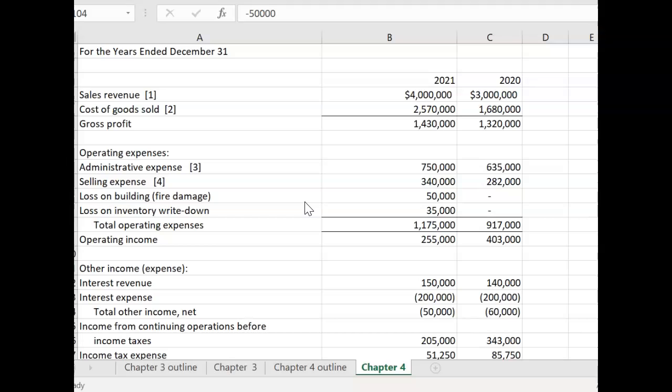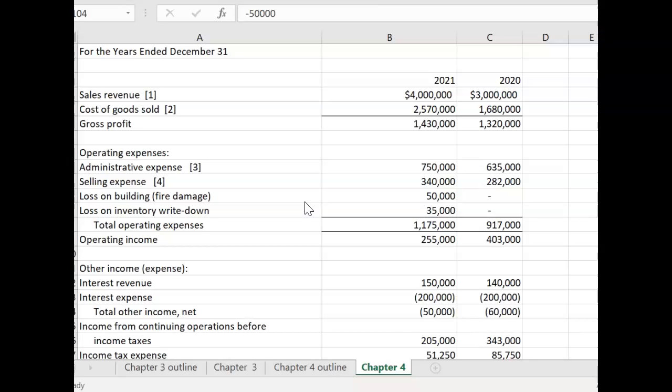In addition to the account balances above, several events occurred in 2021 that have not yet been reflected in the above accounts. A fire caused $50,000 of uninsured damage to the main office building. The fire was considered an unusual event, which would be a temporary event, and we want to note that in our operating expenses.